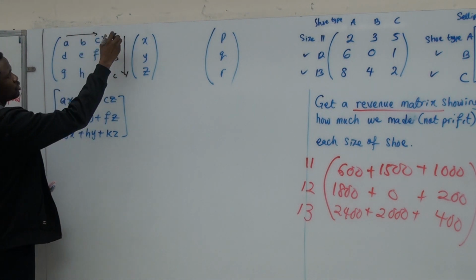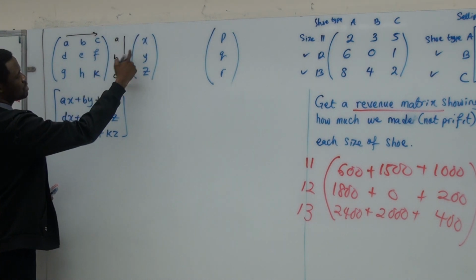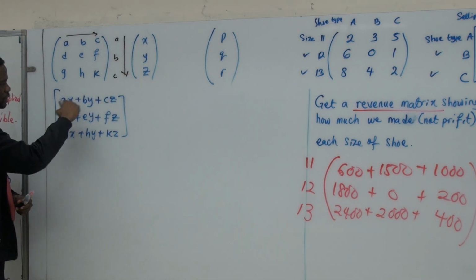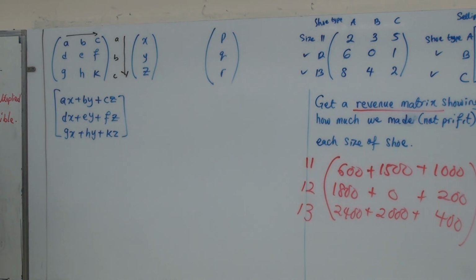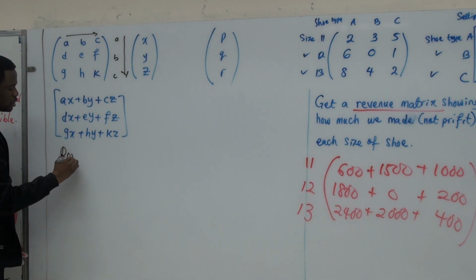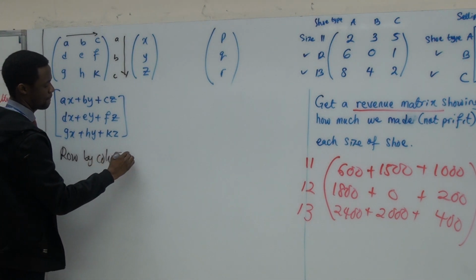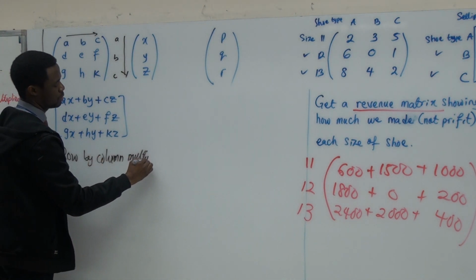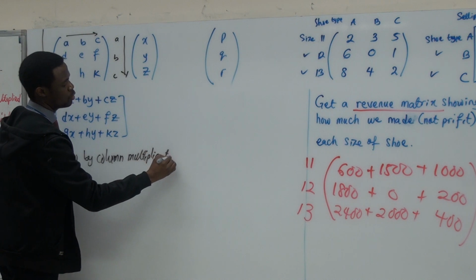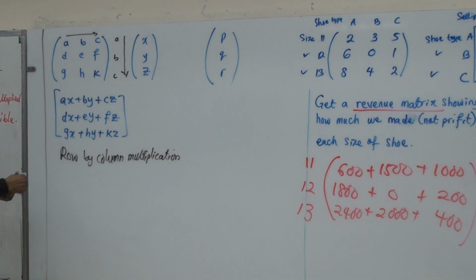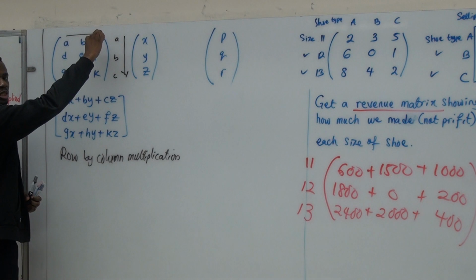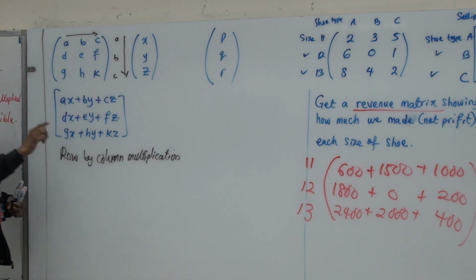So what you did was to multiply this times this, times this, and add the results together. We call this type of multiplication row by column multiplication. Row by column in the sense that you always bring the row of each matrix and multiply it column-wise, one by one.